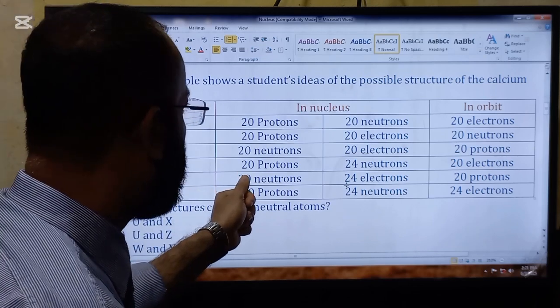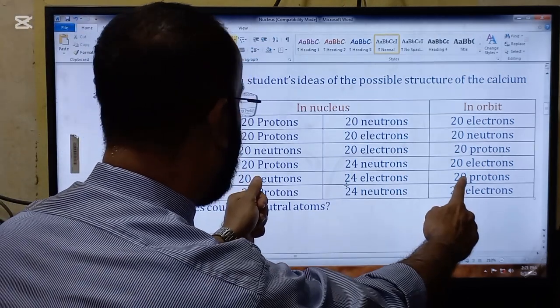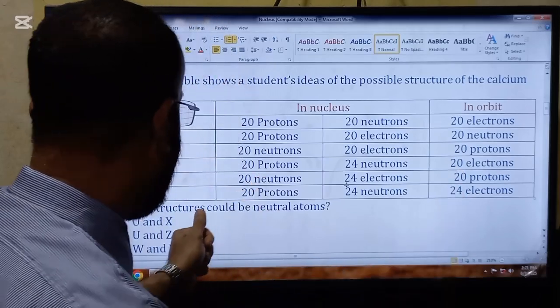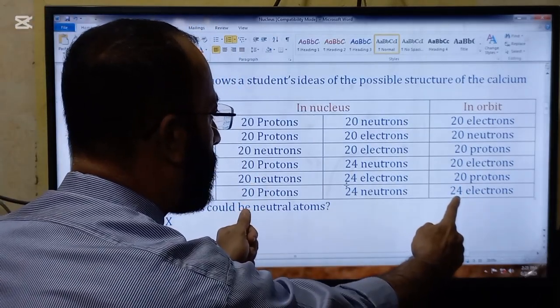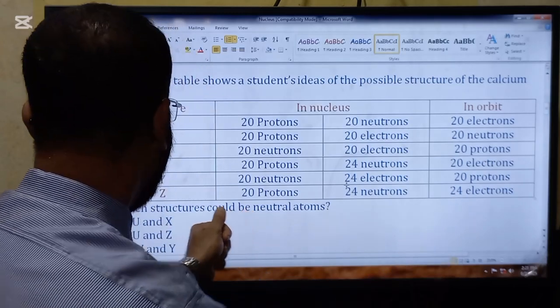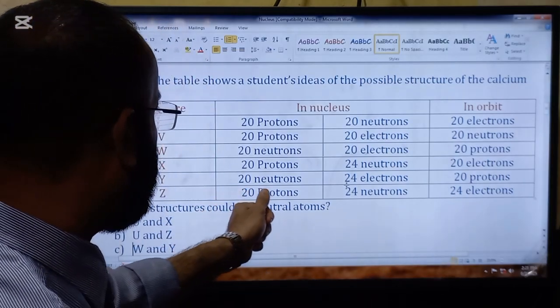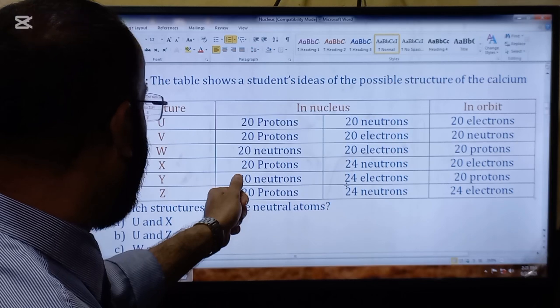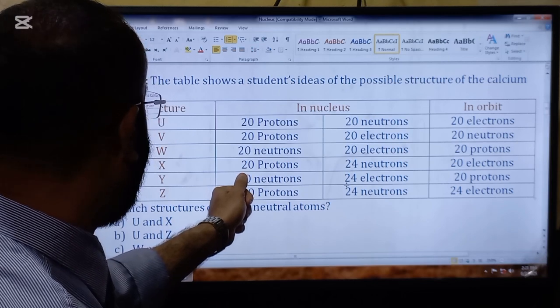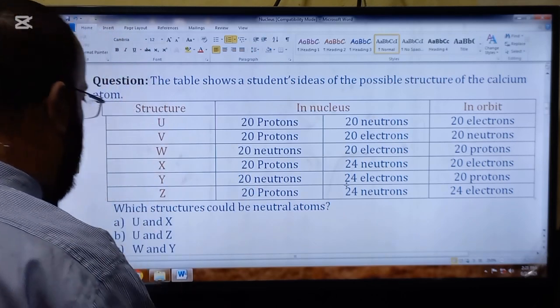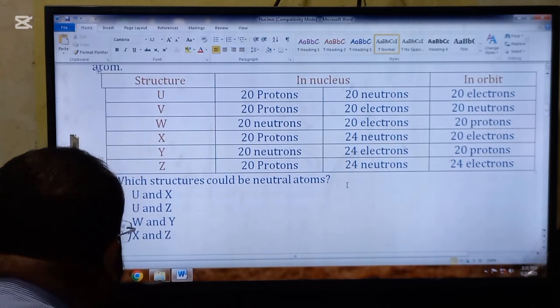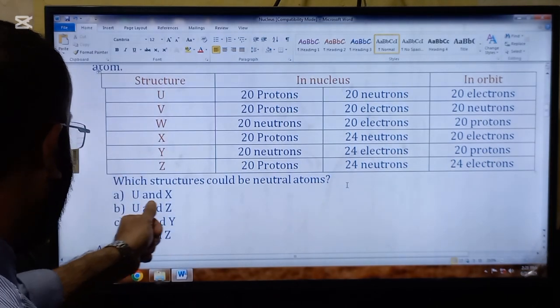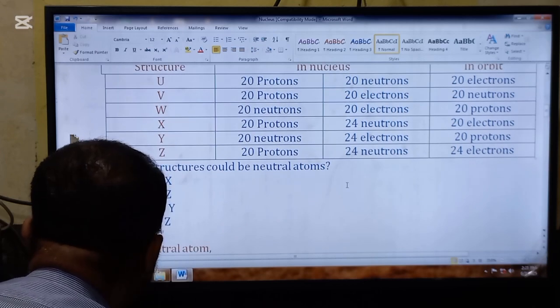X, the number of protons is equal to the number of electrons. So this is also neutral. And Z, the number of protons and the number of electrons are not equal. So this is not neutral. So it means U and X are neutral. So the options are U and X. So A option is the answer.